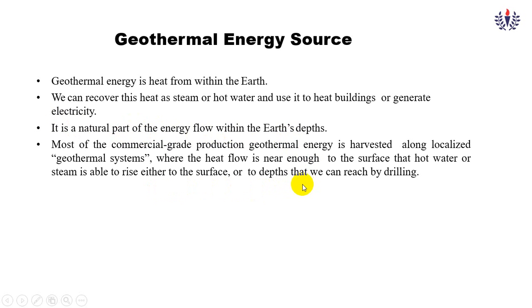Geothermal energy is localized in particular points, not everywhere, where the geo heat is utilized to heat surface water or steam, and we get that by drilling pits. We have to drill the pit along a particular direction to a depth of certain kilometers, then only we get this geo heat, that is geothermal, which is used to heat the steam.